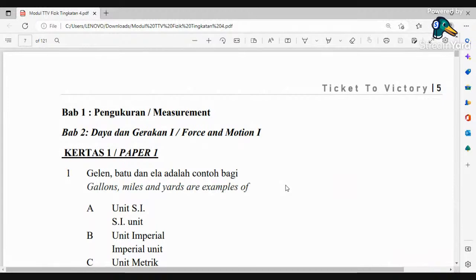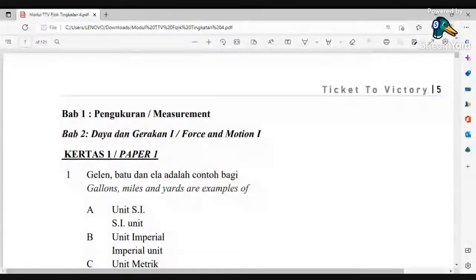So for the first part, I will discuss on chapter 1 and chapter 2. Bab 1 dengan bab 2. Chapter 1 measurement, chapter 2 force and motion 1. Okay, anything kalau ada soalan you terus boleh type dekat chat tu ya.